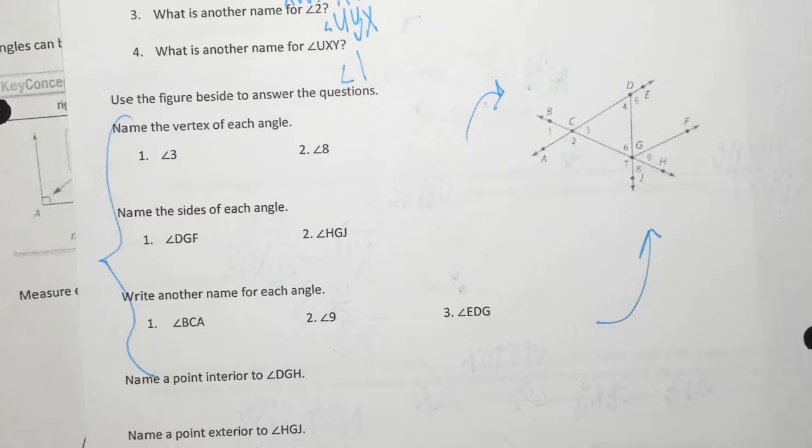Be very careful on that one. I know why you put it, but be careful. Look at it again. Are you using the shortcut? Just do the vertex. So at angle 3, which is right here, what's the vertex?